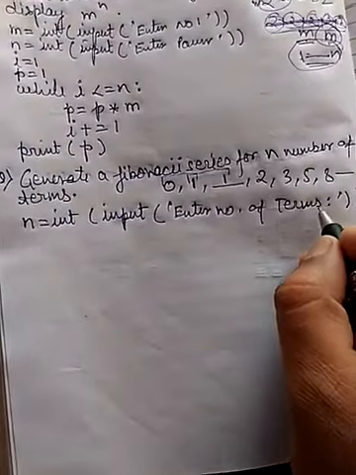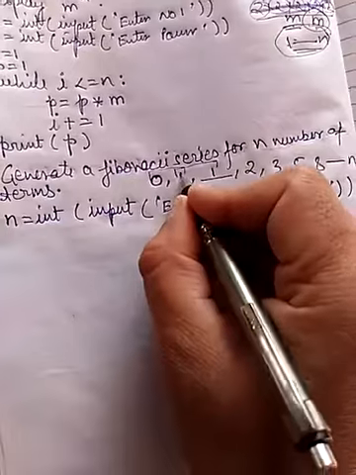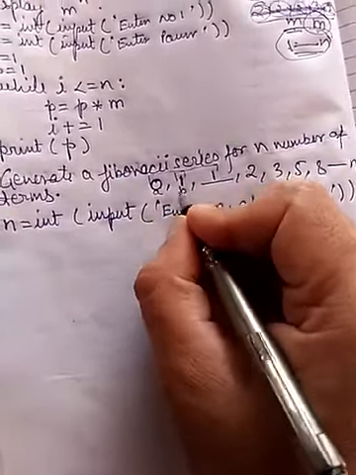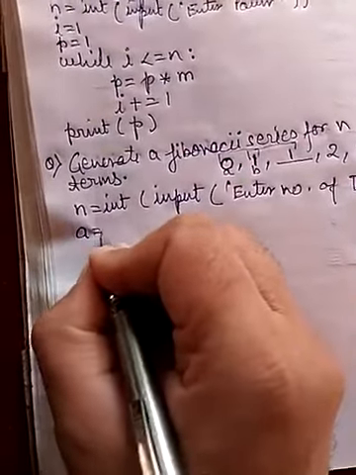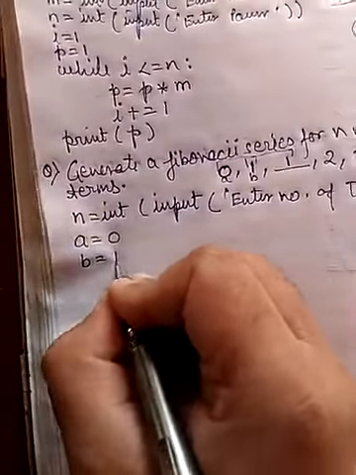Now we know that the Fibonacci series starts with 0 and 1. So I am initializing this as A and this as B. The initial value of A is 0 and B is 1.